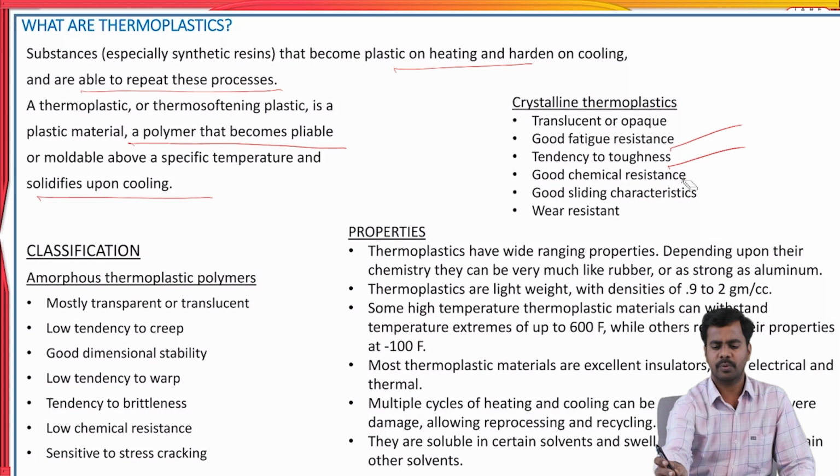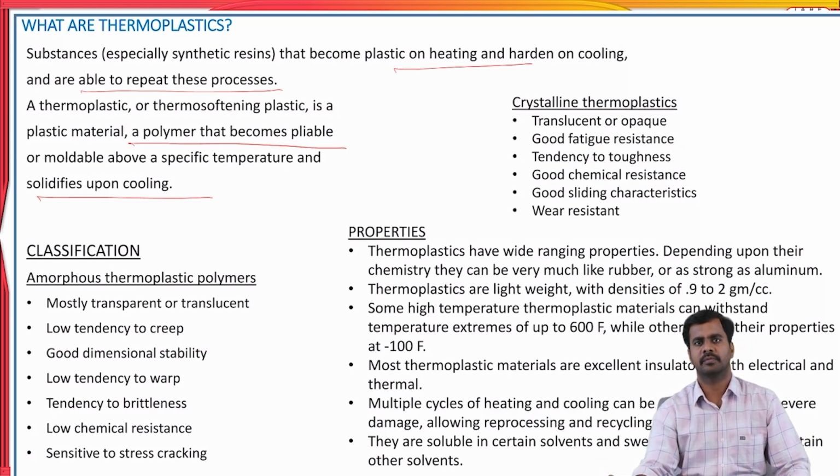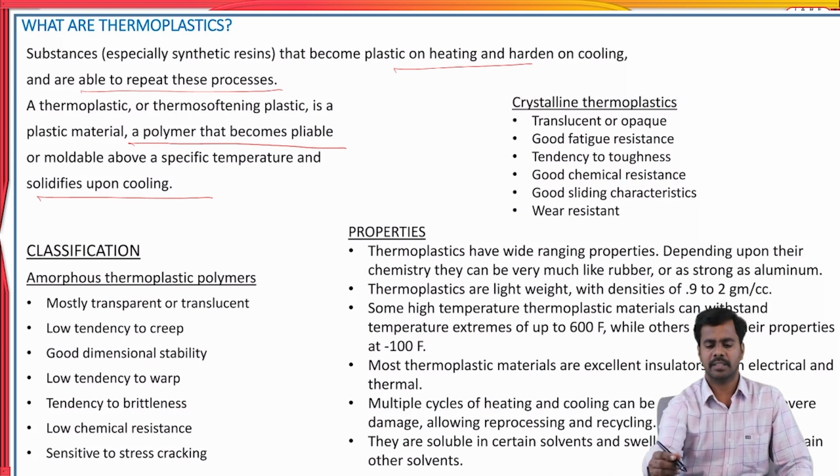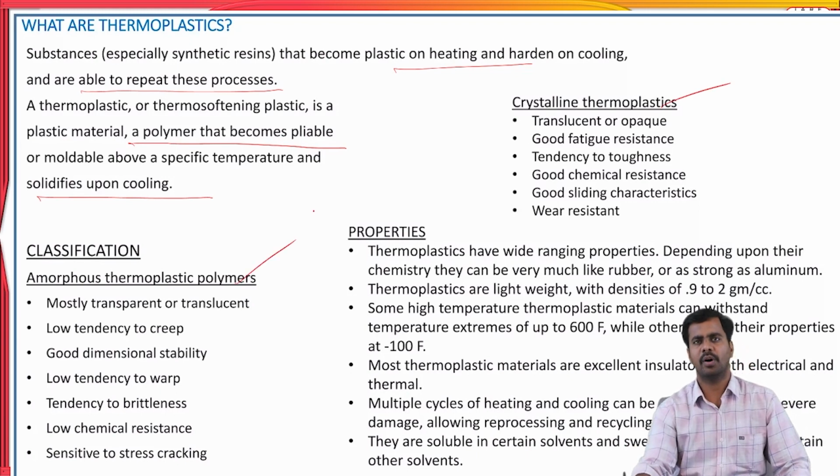And coming to the amorphous thermoplastics. On the basis of properties, thermoplastics have been classified into two types, that is crystalline thermoplastics and amorphous thermoplastic polymers.